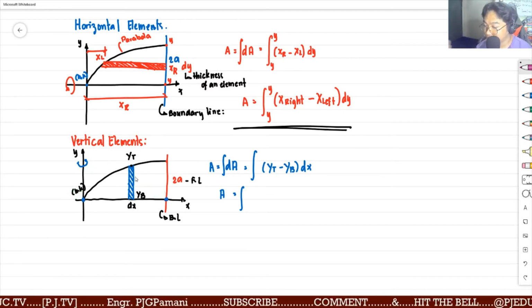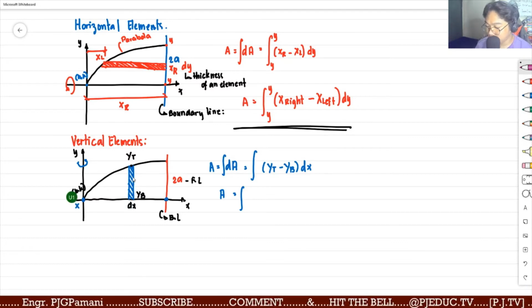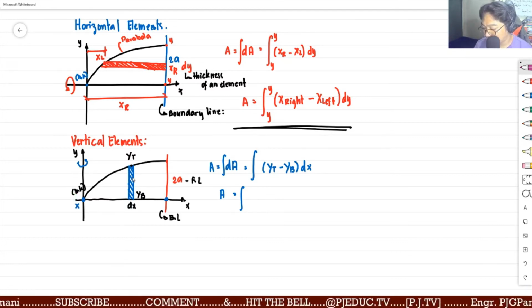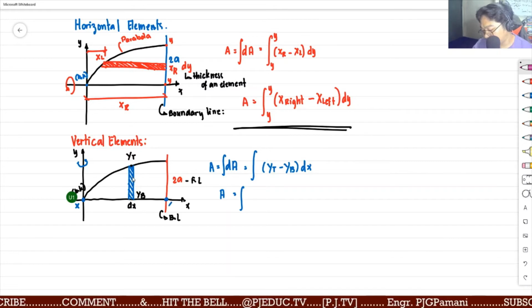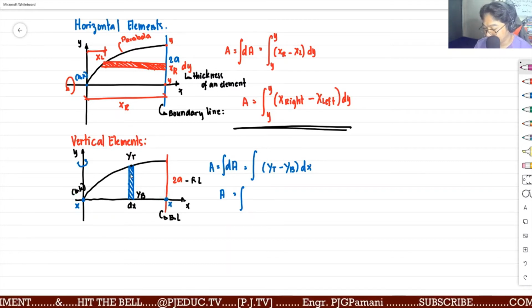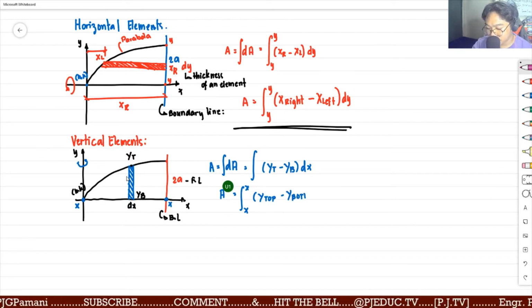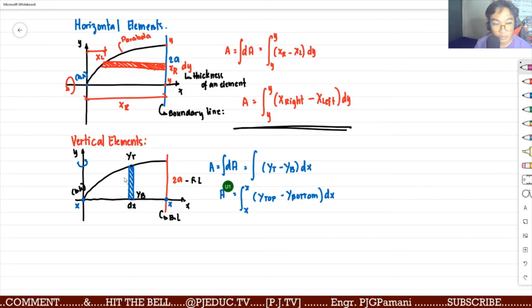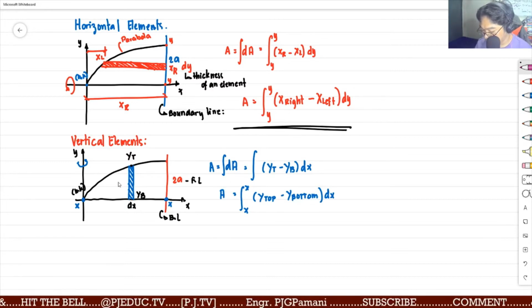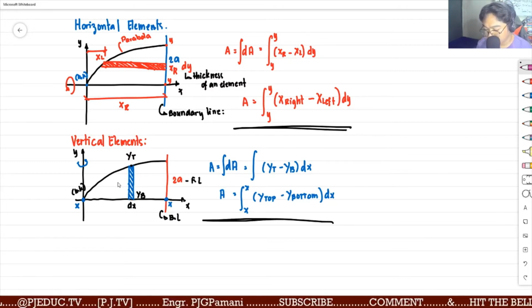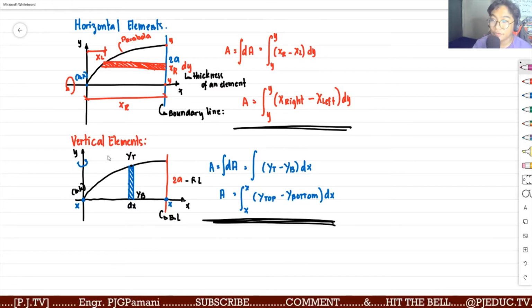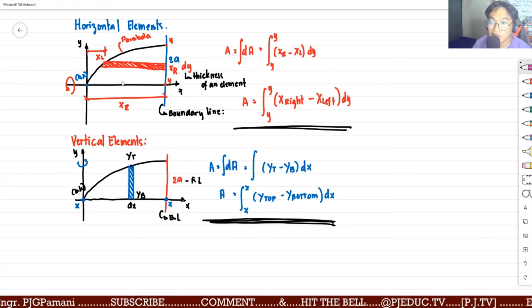This is now x bottom, the lower limit, and x upper limit. Then y top minus y bottom. And that will serve as our equation in solving the area bounded by a curve using either horizontal elements or vertical elements.